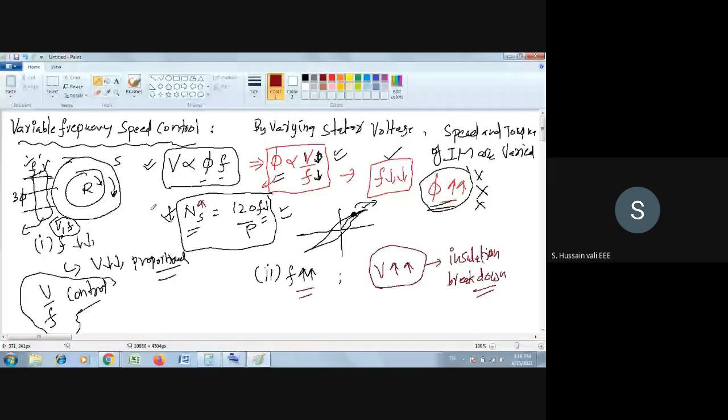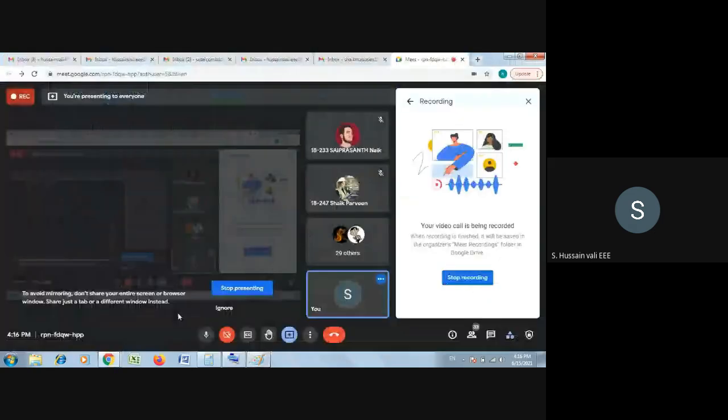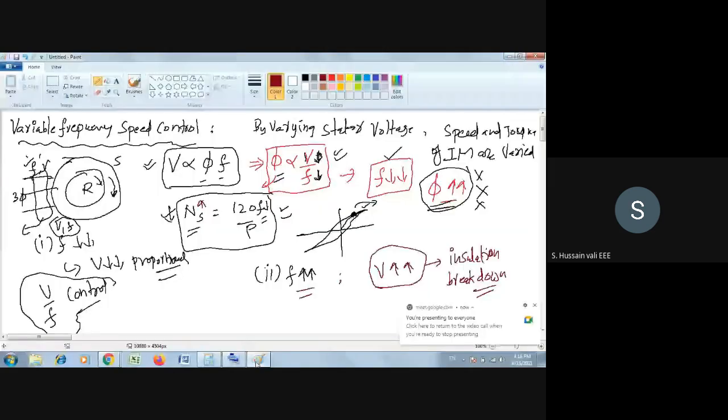Now, just discussing the design of this induction motor, you generally design the induction motor based upon the rated voltage. So based upon the rated voltage only you provide the insulation. So the insulation in the induction motor is based upon the rated voltage only.